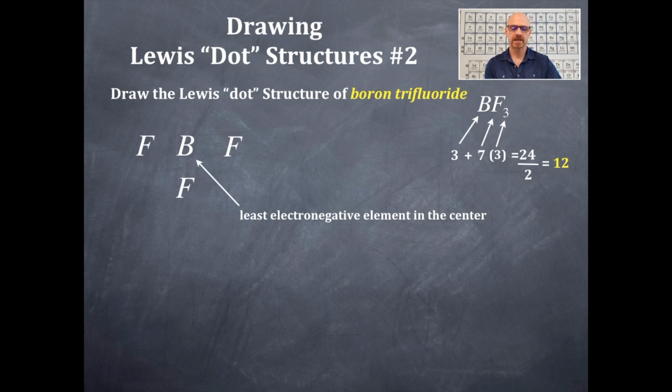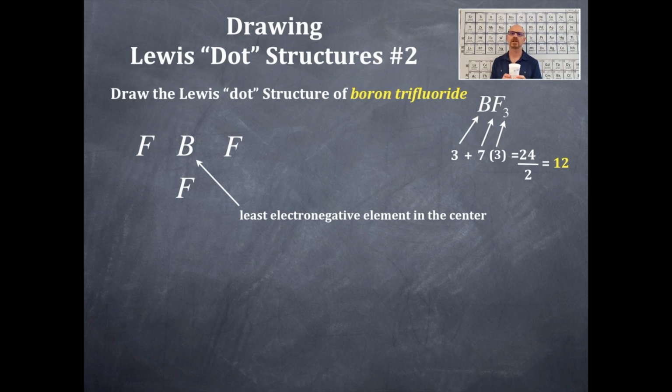Then the other thing that we need to do is take our bond blender. Hopefully you remember that from before on the rules for drawing Lewis dot structures. You're going to take your bond blender and you're going to take 12 pairs of electrons. Those are going to go in there that we added up. Now you're going to take your bond blender, shake it all about, and now we're going to disperse those electrons as is appropriate.